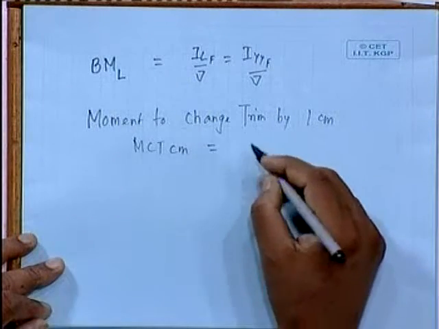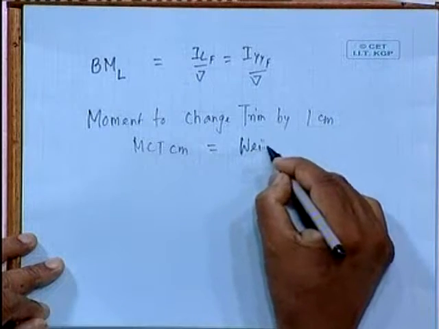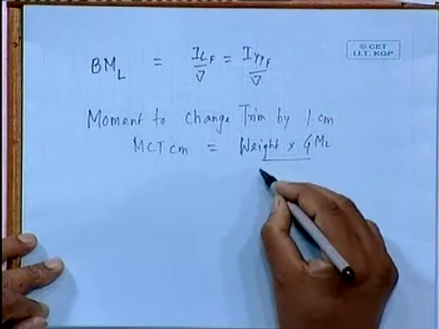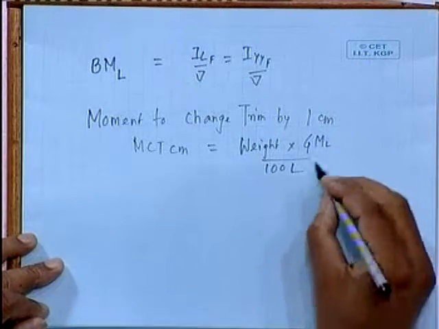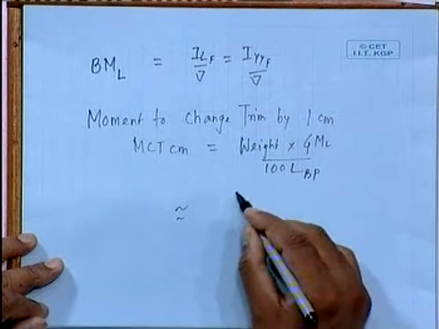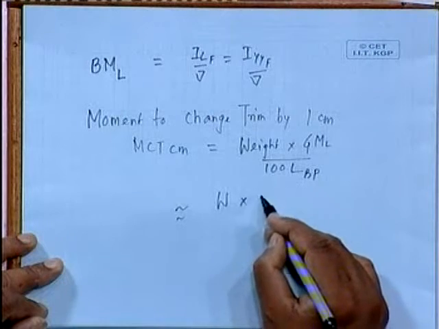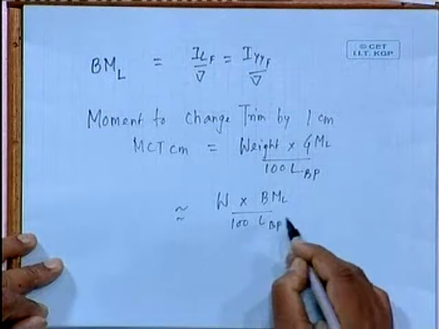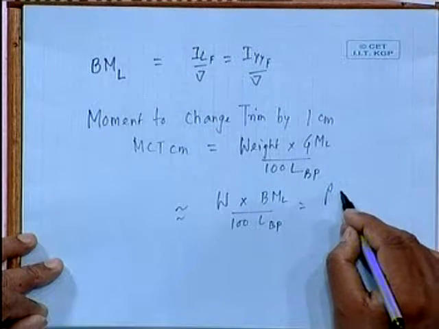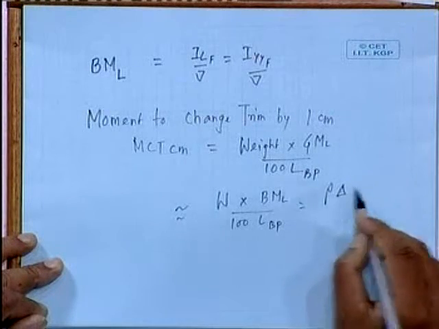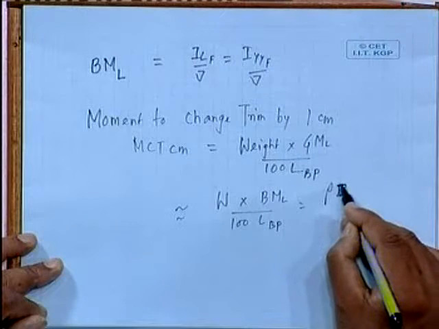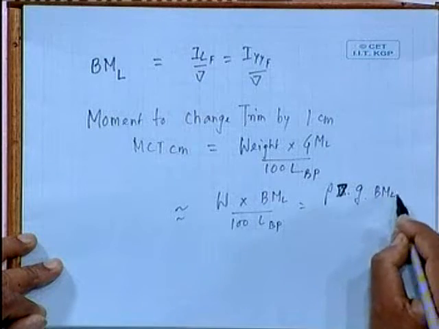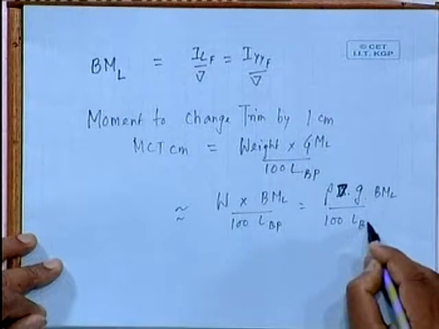This is given by weight W into BM_L by 100 LBP. Now weight is actually rho into volume into g, mass into g. I will explain that in a minute, by 100 LBP.